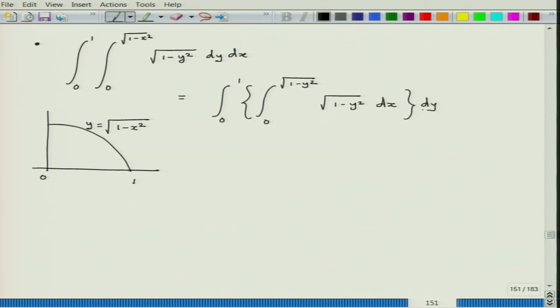So, if I had done just this root over 1 minus y square, it would have given me, for the limits 0 to root over 1 minus x square, the area of a circle for the fixed x.